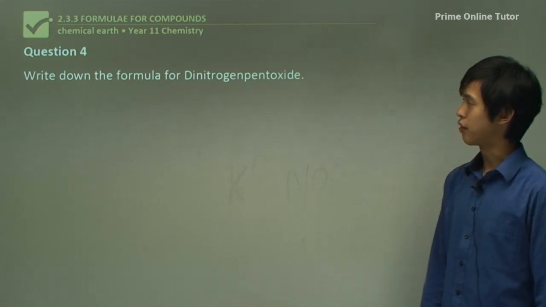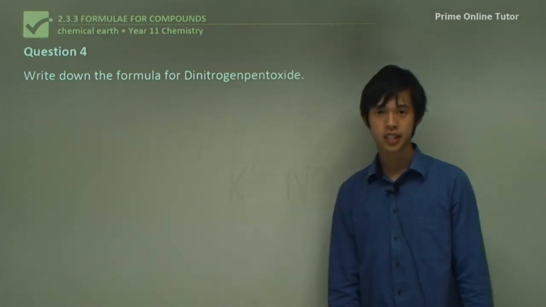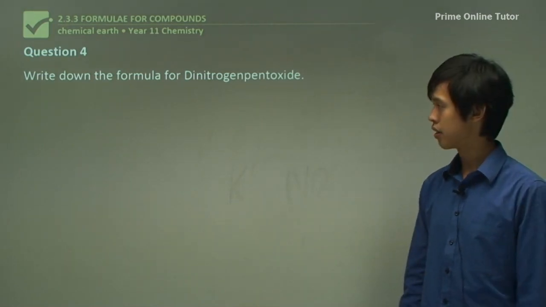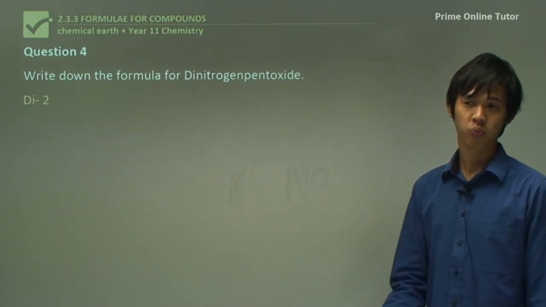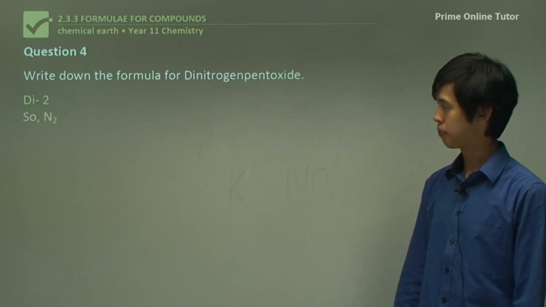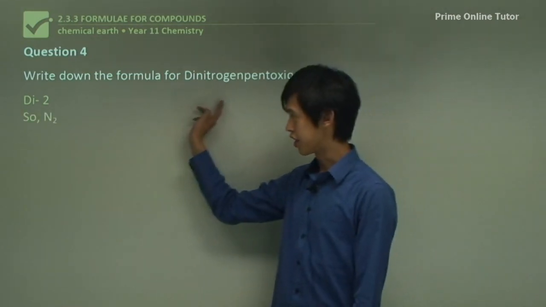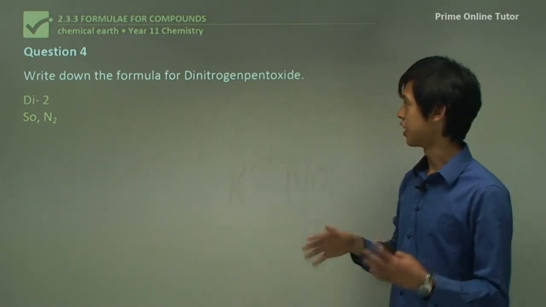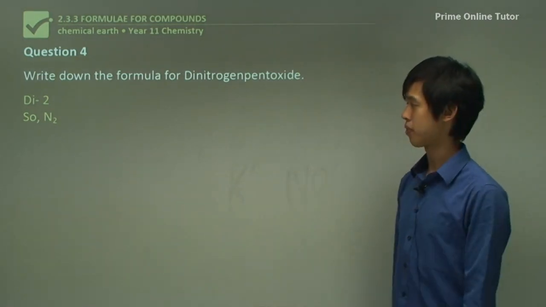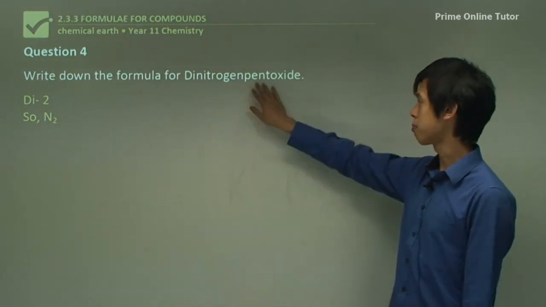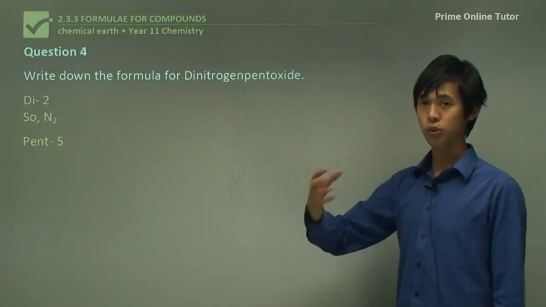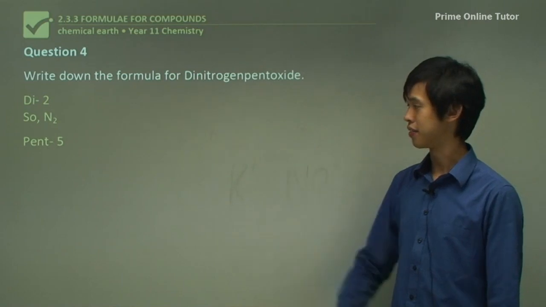Write down the formula for dinitrogen pentoxide. Okay, so this is quite a complex one, but you just break it down into steps. Di is 2, fairly straightforward. So dinitrogen is N2. Now, obviously by the same logic, pent is 5, oxide is O, so it's O5.